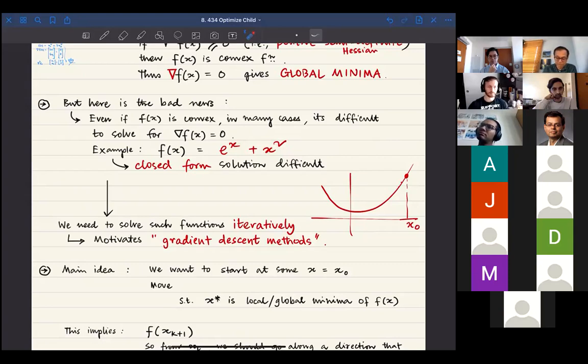But the problem is, let's say this is e to the power x1 plus x2, or e to the power x1 x2, and this is x1 square times x2 square. Then it is not easy to solve for x1 and x2, or not easy to solve ∇f(x) equals 0.